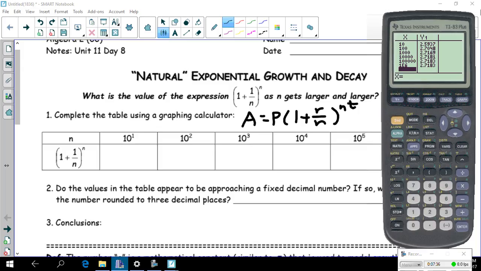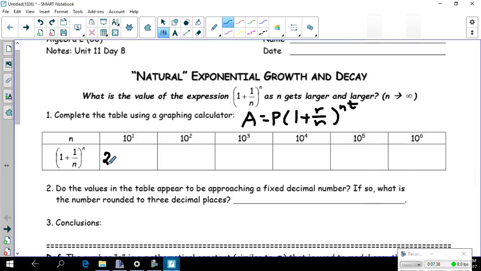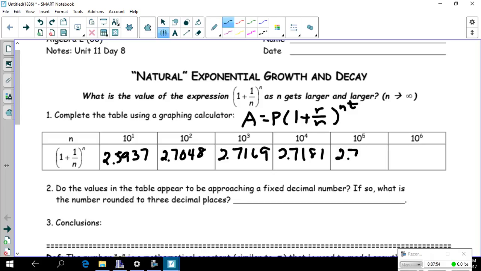We've got 2.5937, and then we've got 2.7048, 2.7169, 2.7181, 2.7183. This also says 2.7183, but it's just the decimals are changing so far down, out of the range of the calculator, that you can't see it.